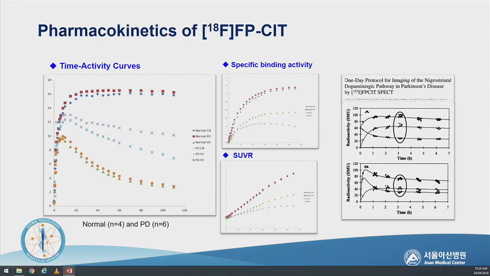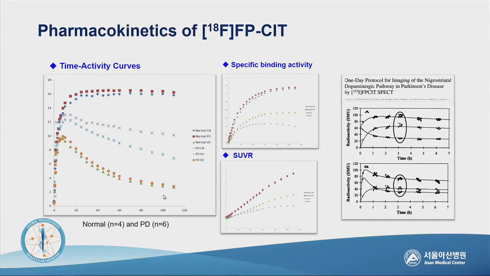This is the PK data of FPCIT PET. FPCIT uptake of the striatum and occipital cortex increases rapidly after the injection. From about 10 minutes post-injection, occipital activity gradually decreases, and striatal activity increases or decreases according to the amount of dopamine transporter density.